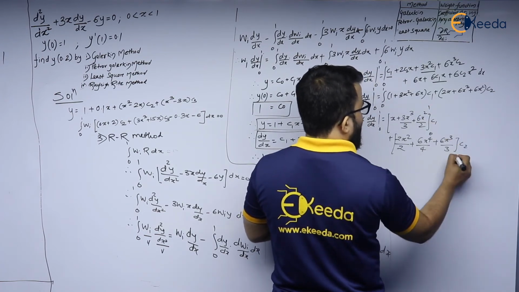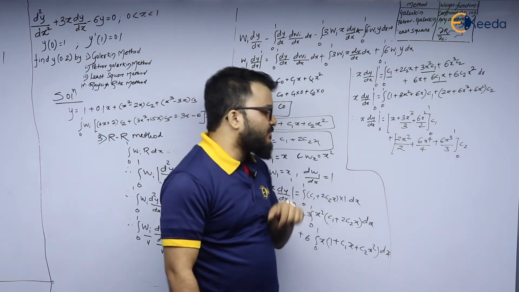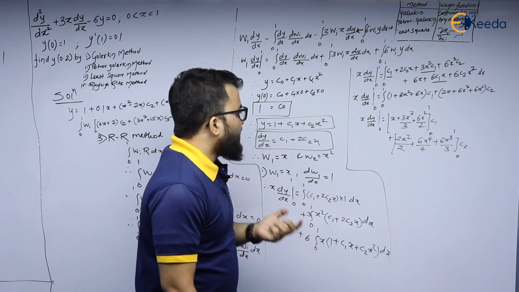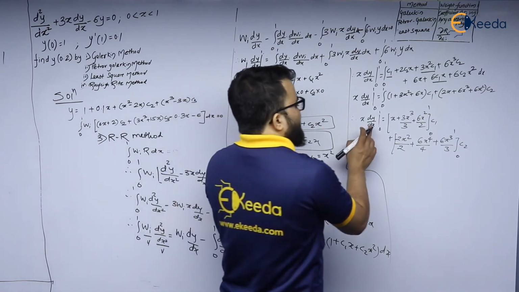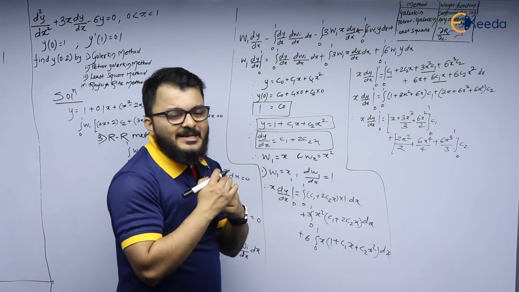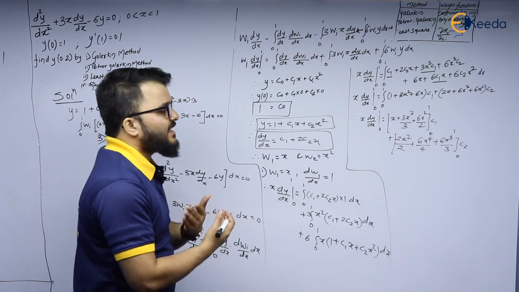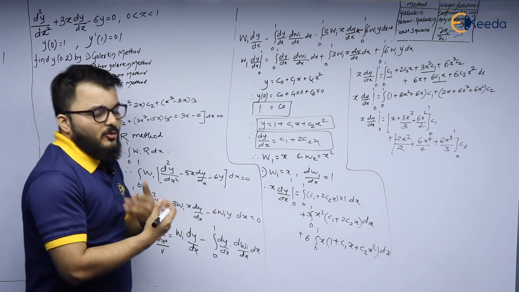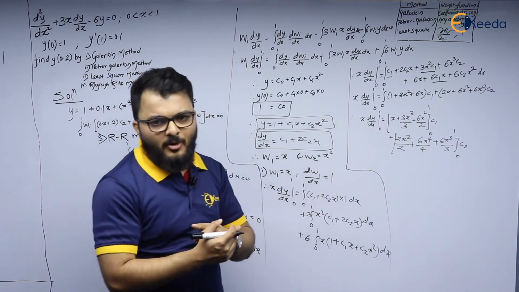The limit will be 0 to 1. Now I will put this equation in the calculator, but before that, let us see what this concept is. This means dy by dx with limit 0 to 1. What is dy by dx? dy by dx is our secondary variable, and the boundary condition associated with this variable is known as a natural boundary condition.